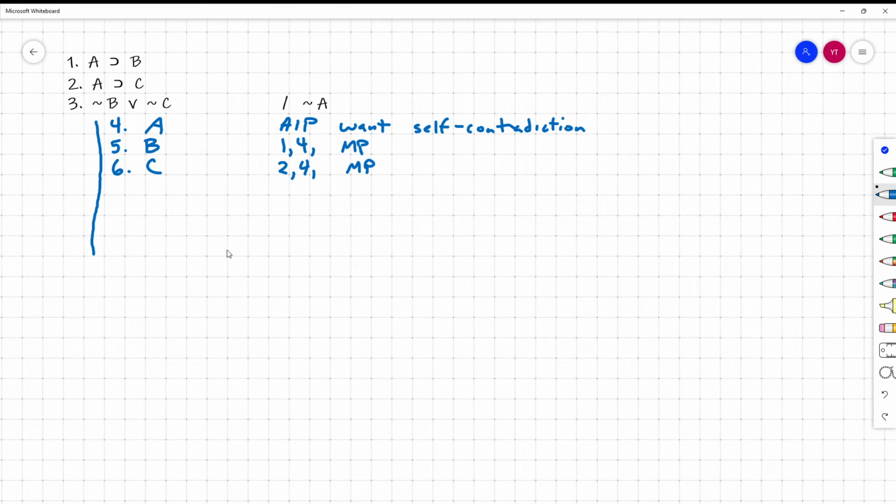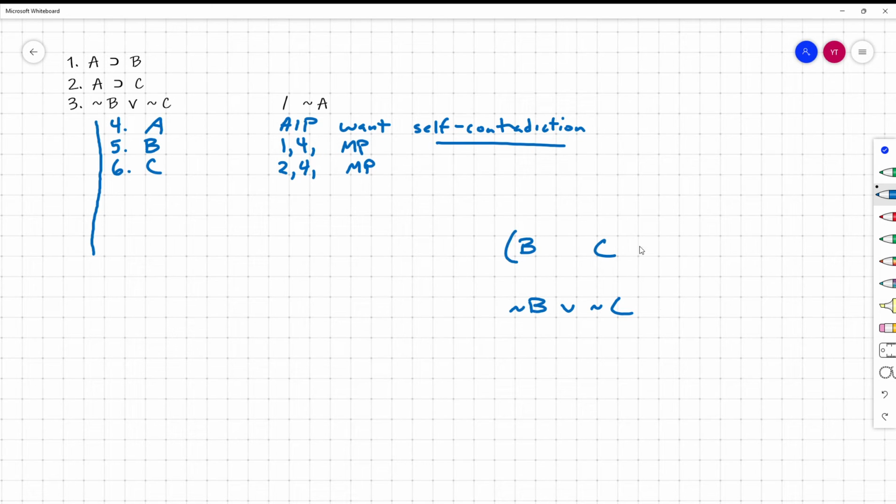Even if it's not super clear before you actually derive these further lines, remember that because we're in an IP proof, we are looking for any self-contradiction. And think about what we have so far. At lines 5 and 6, we're being told that B is happening and that C is happening. And at line 3, we're being told that at least one of them doesn't happen, right?